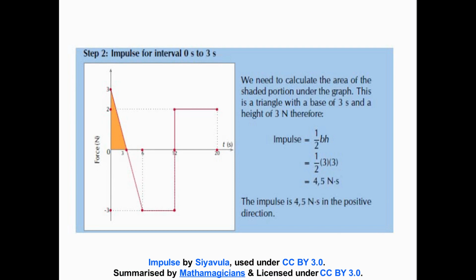Step 2 is determine the impulse for the interval 0 seconds to 3 seconds. So we're dealing with the first part of this question. Now, we need to calculate the area underneath the shaded portion. We've shaded the portion in orange there, which is the 0 to 3 seconds.